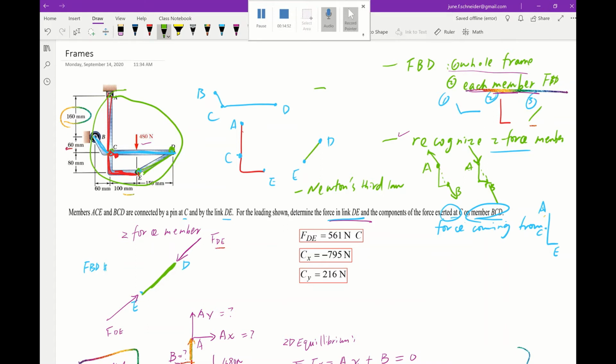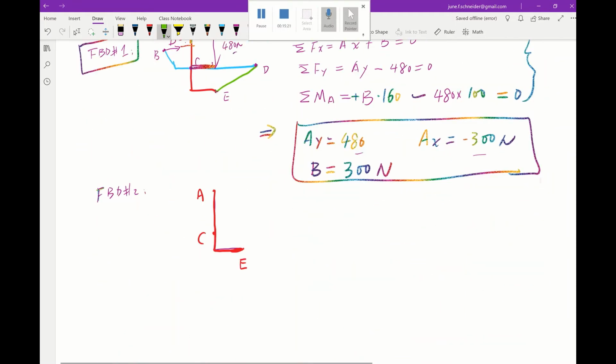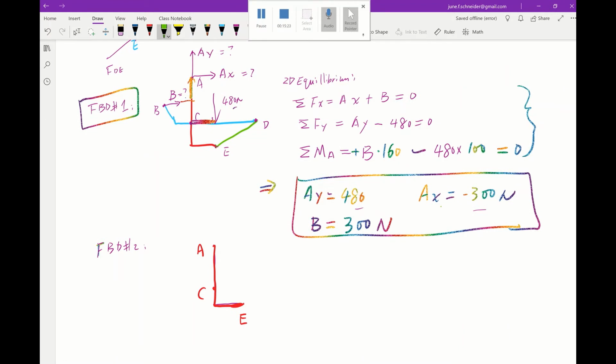Not only do you look at the FBD, look at two force members and Newton's law, it's also encouraged and maybe necessary to add forces solved to next FBDs. What I mean by that is you solved AX and AY. So add those reaction supports you solved into the next FBD right here.